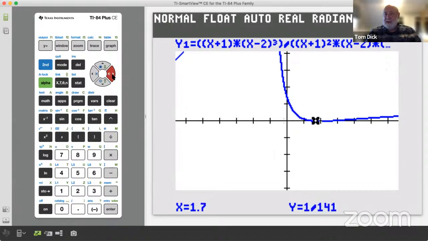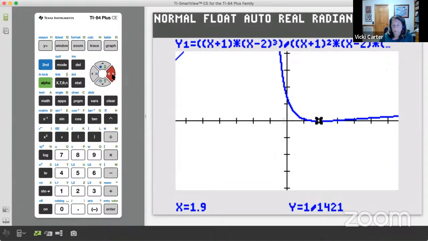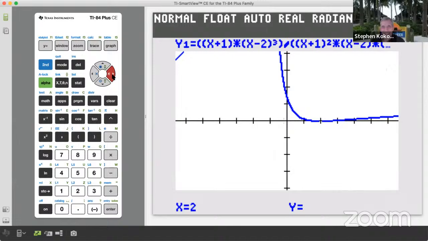Notice that they're all positive y values so far. And now here's the drum roll, x equals 2. Ta-da! No y value at all. And there actually is a hole. It's a little bit hard to see that the graph is not connected through there. The reason it's hard to see is because it's right on the x-axis, and it's kind of filling in our visual.